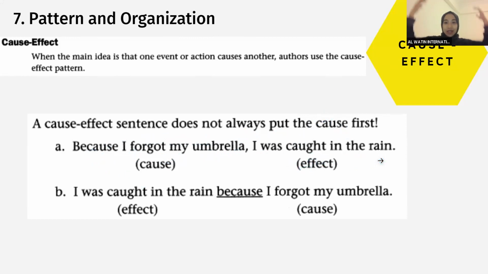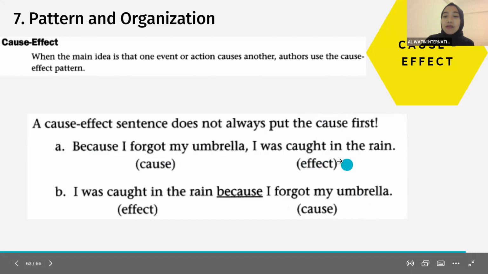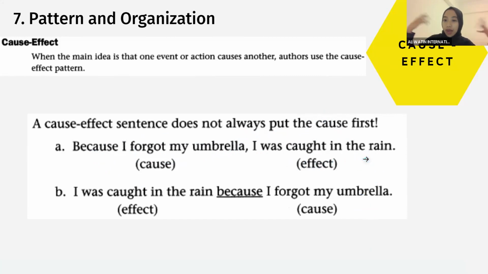For example, today it's raining. I was outside and forgot to bring my umbrella. What is the effect? I was caught in the rain. I get wet. All my clothes are wet and it's cold because I forgot my umbrella. So this is the cause, sebab.